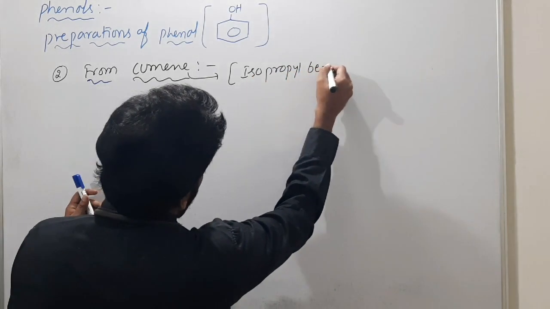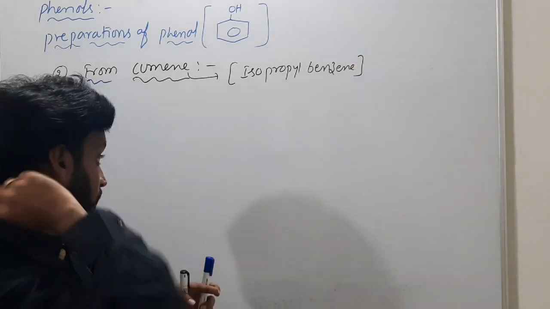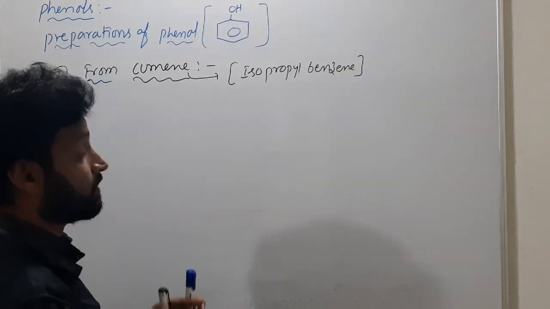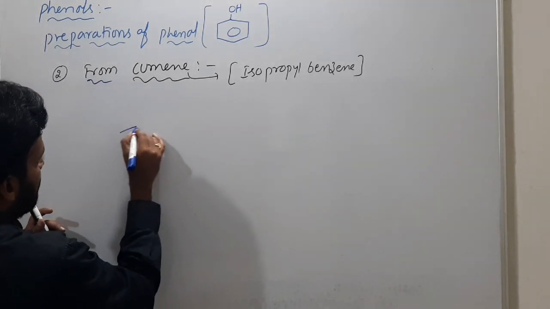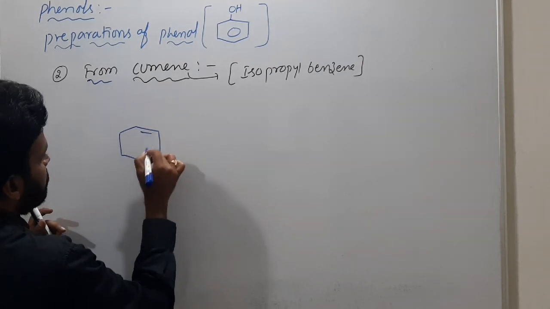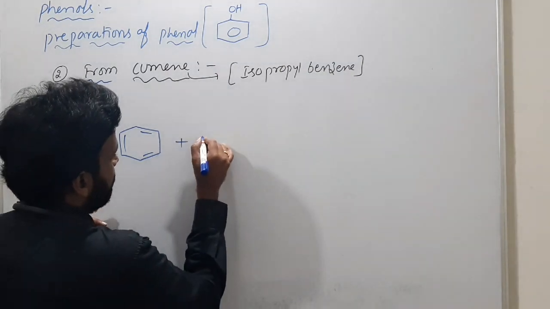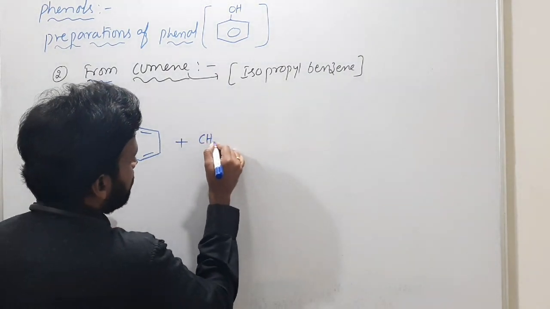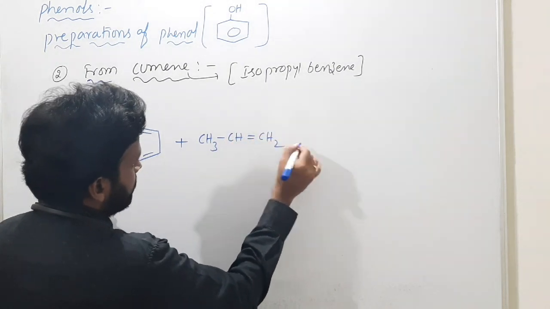We use isopropyl benzene, very important. So first, how to prepare isopropyl benzene, I will tell you here. So C6H6 benzene, to this I will add propene. So what is propene? CH3 CH double bond CH2 I am adding.